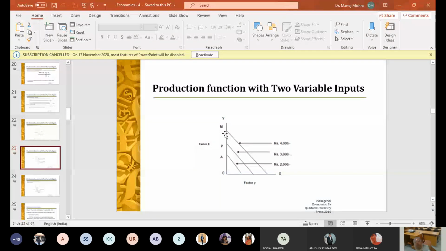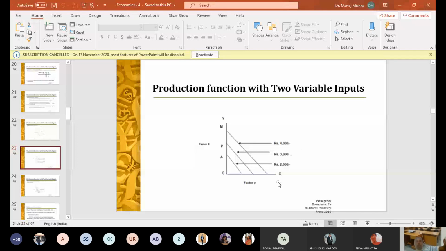They have not written these alphabets here, but for these three different lines, we have different costs which we have to bear if we increase the level of quantity.